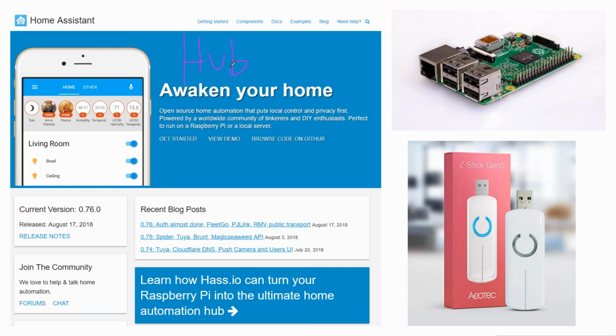They'll say, oh, it's all done over Wi-Fi. And I would caution you away from those Wi-Fi only devices that don't have hubs, because even though they work out of the box and it's very easy to download an app and use them, if they can't talk to the other devices in your home, then you're always going to have this manual process of control and not be able to automate it.